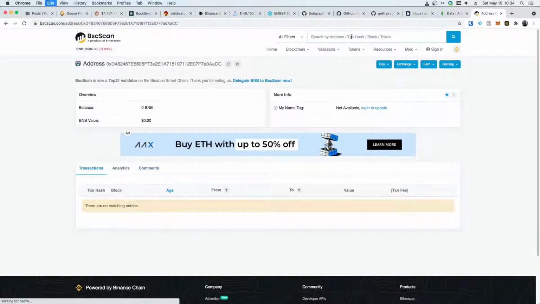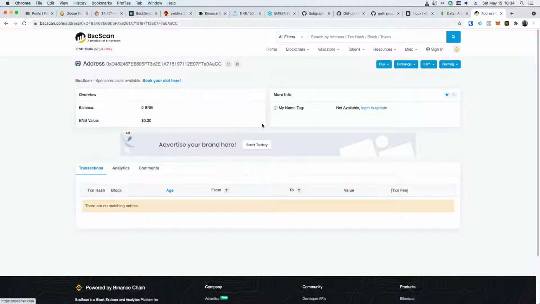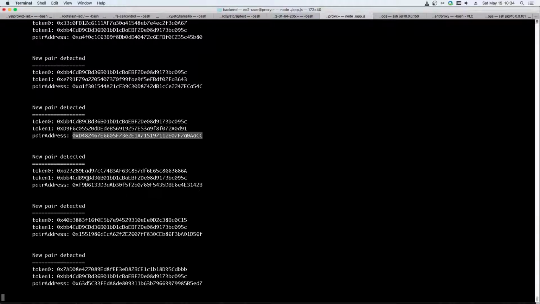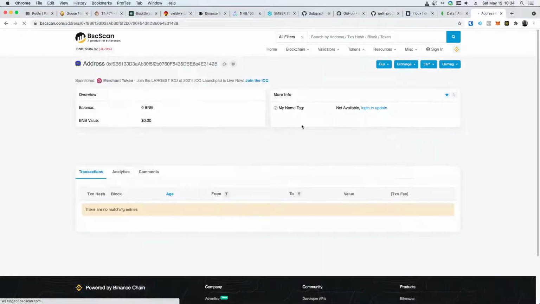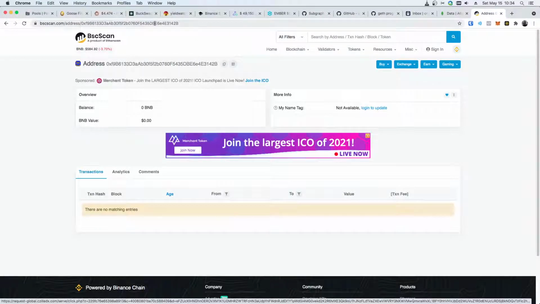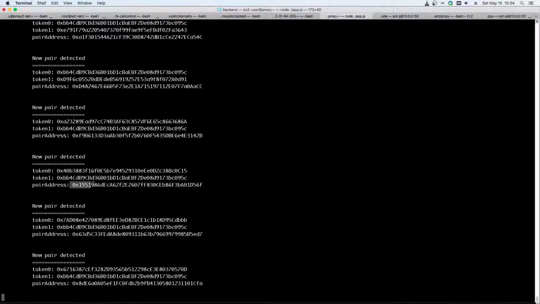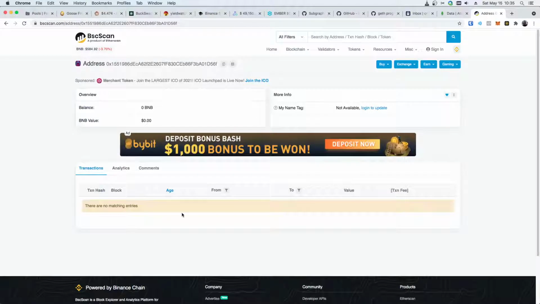So why am I getting a notification faster than even BSCScan? Am I getting bad events from my blockchain here? But this is the weird thing. All these are happening so fast, I think, that even BSCScan is not catching up.